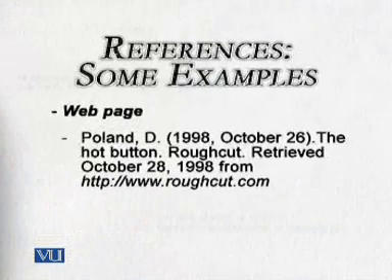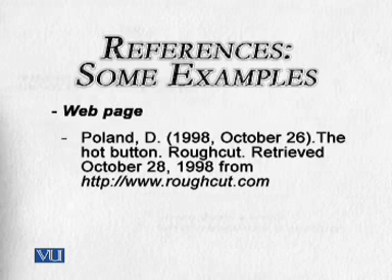And then, the language I have given there is retrieved October 28, 1998 from the electronic address. Now, retrieved means the day you downloaded. So you write retrieved, then comes the date. Now, this date you're not going to mention in brackets. Without brackets, it will go from, and then the full-fledged electronic address, of course, www.roughcut.com.